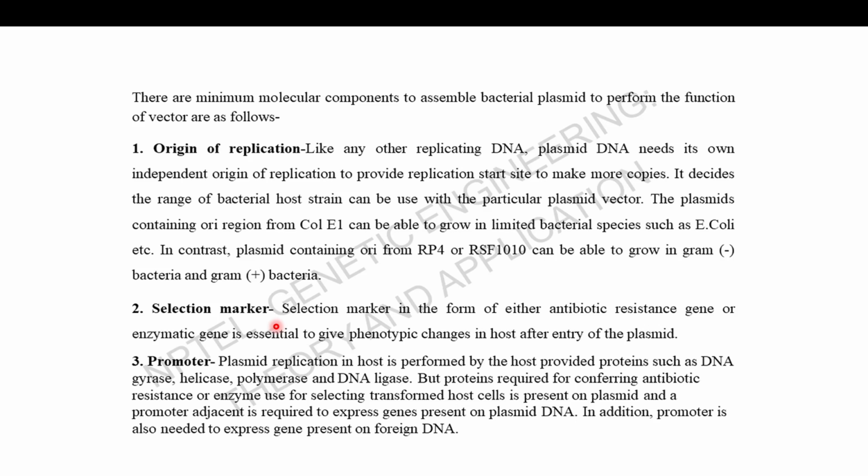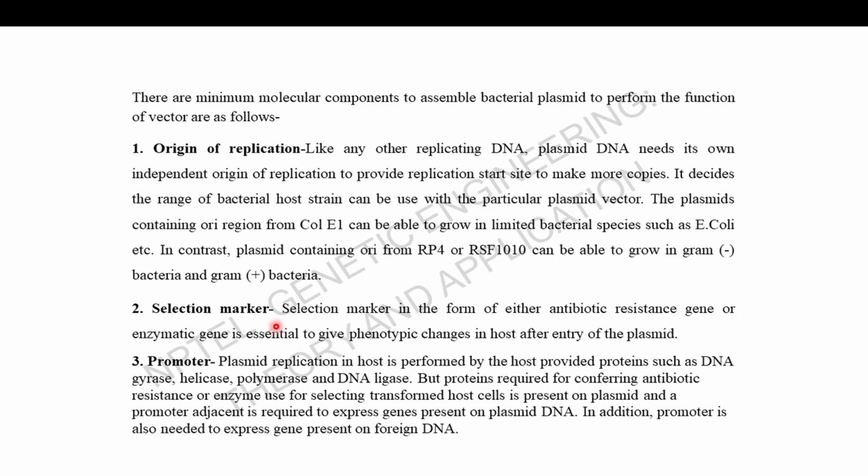So we can differentiate between the cells which have taken up that plasmid and the cells which could not take up the plasmid, based on the medium in which they are grown, where we put in the antibiotic.